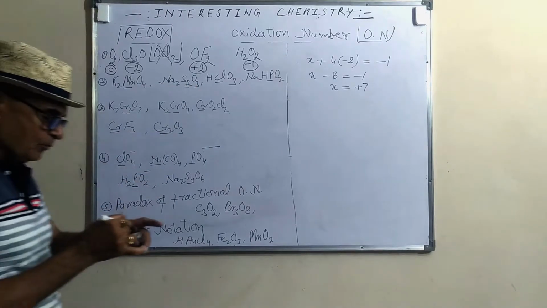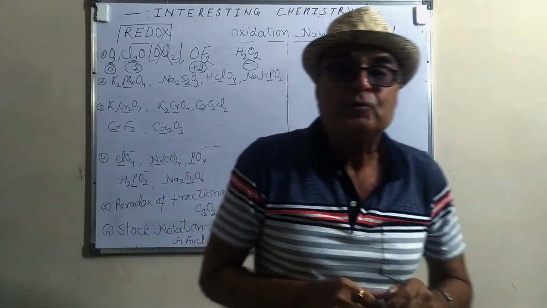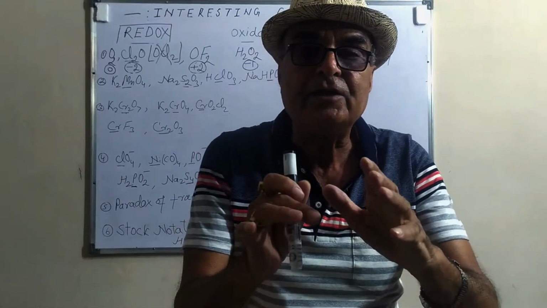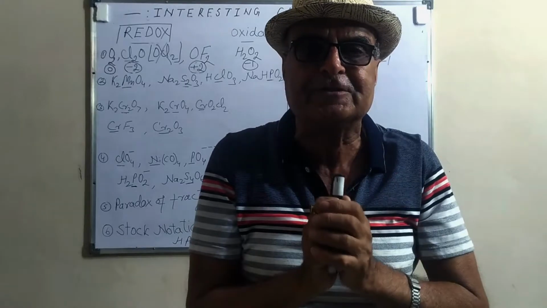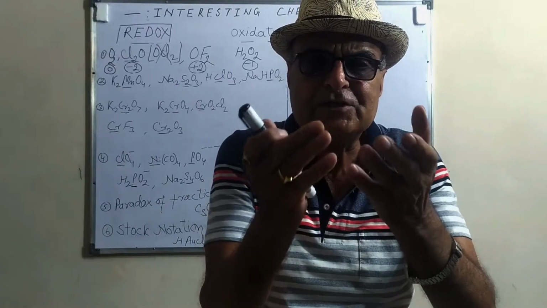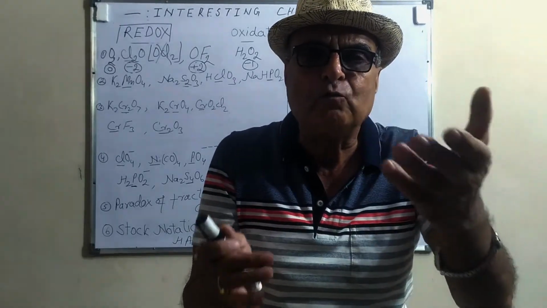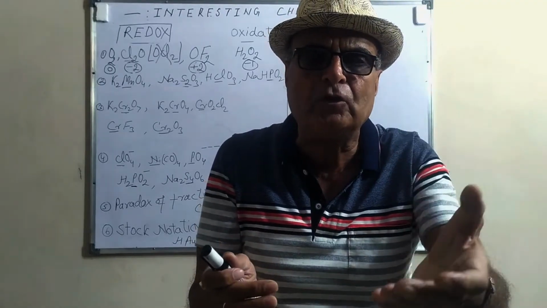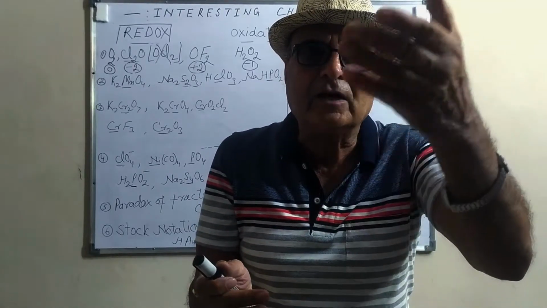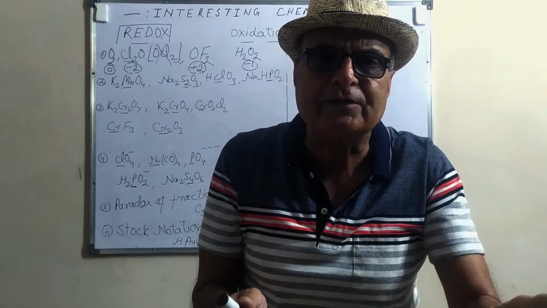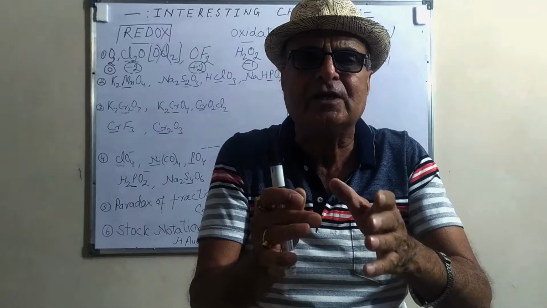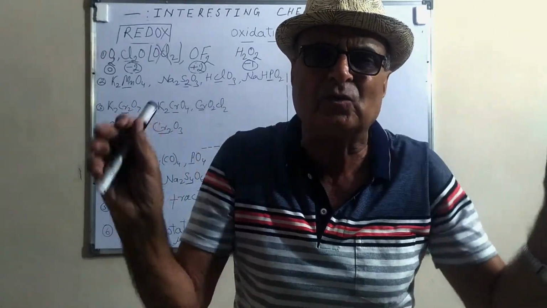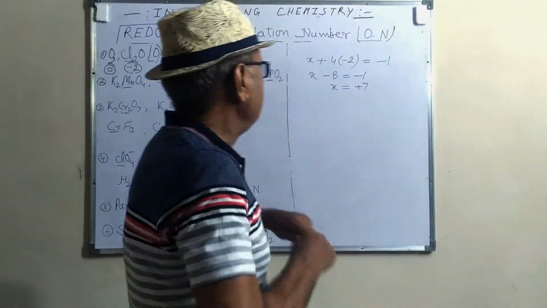In Ni(CO)4, in my previous set of rules, I didn't tell you about the addition of ligands. When some ligands are attached, like a water molecule, ammonia molecule, and carbon monoxide, these ligands are always considered to have oxidation number 0.